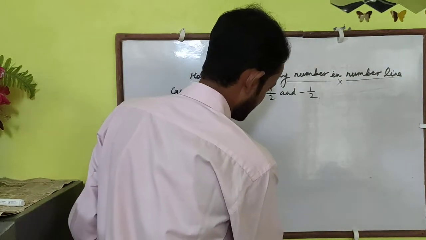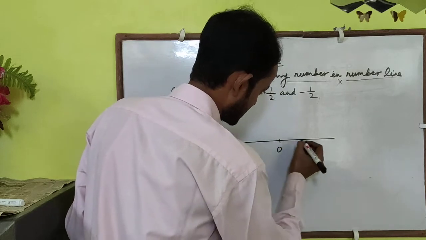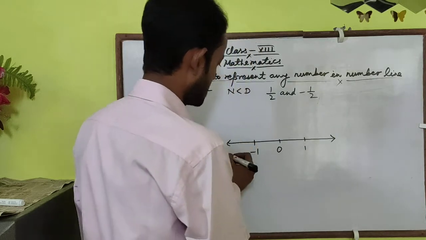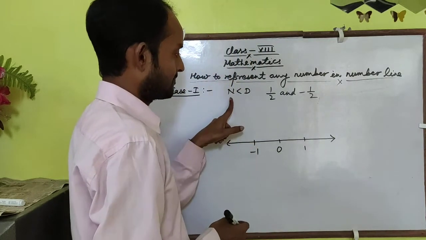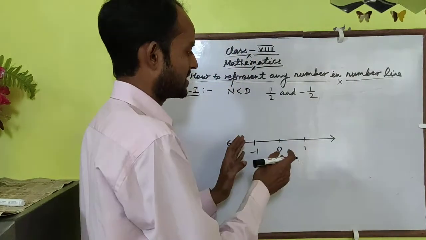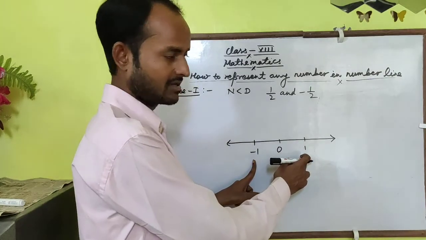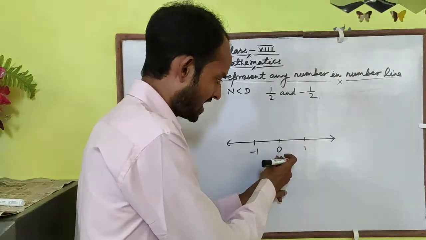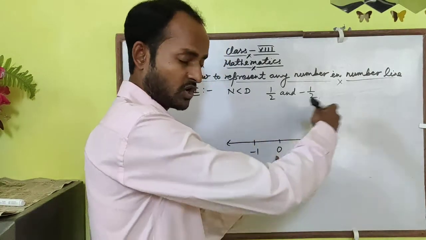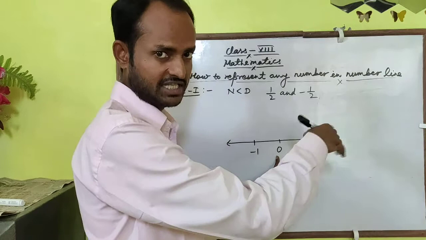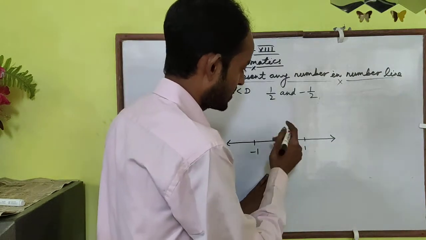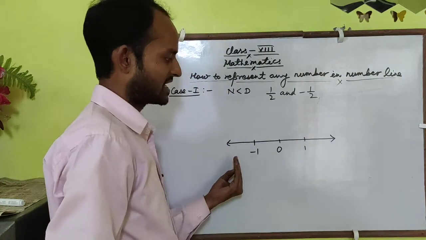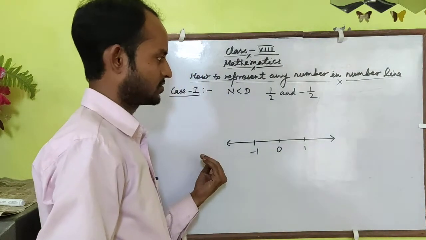Let us start. This is the number line, here 0, here 1, here -1. We already know that if numerator is less than denominator, then the number lies between -1 and 1. This is a positive number, so we have to go right of the 0. If we take a negative number, then we have to go left of the 0.